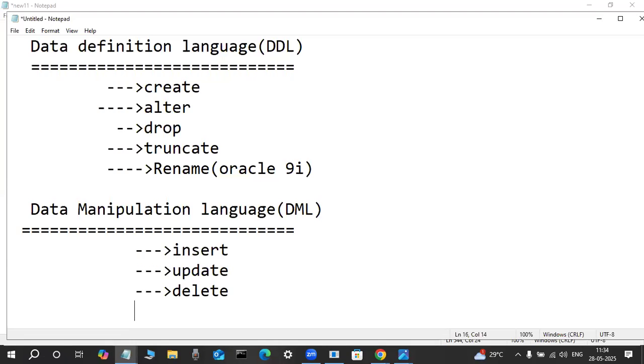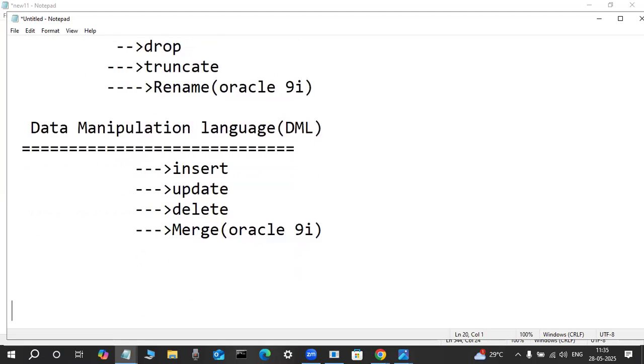That is the merge statement, available under DML. Merge is available in these 2 databases as an extra command, but we are learning about Oracle, so from Oracle 9i onwards merge is available.